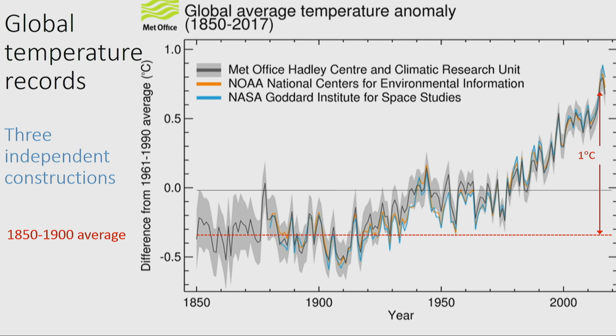So if you look at the 1850 to 1900 average, then the surface temperature now is about 1 degree warmer than it was then. And you might think, oh, well, 1 degree, so what? 1 degree warmer yesterday than today or something. But 1 degree over the globe is actually quite significant, and we'll see why, I hope, soon.